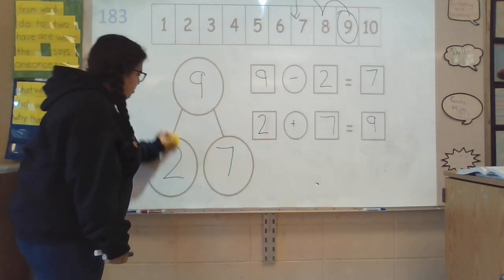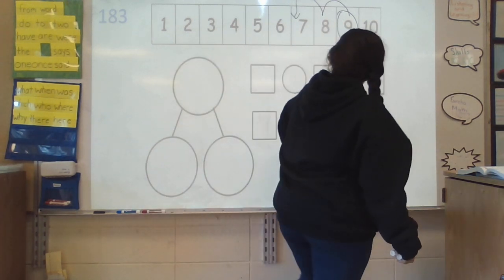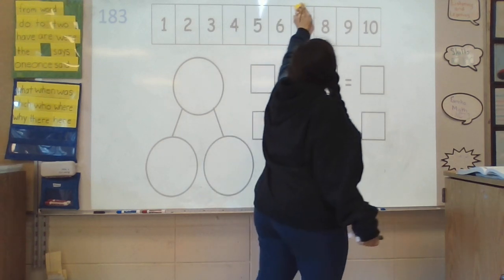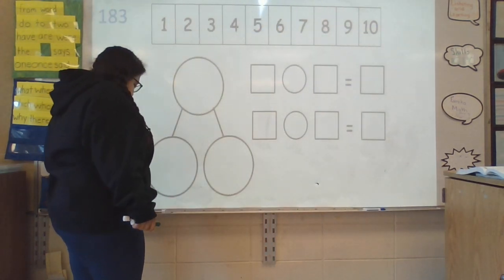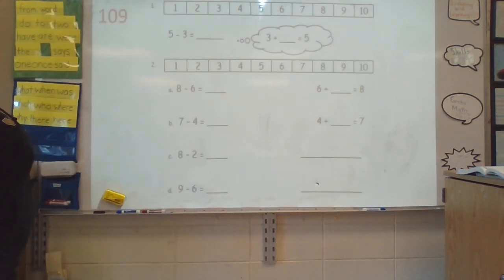You know I get my practice problems out of your homework book. In your homework book, it is on page number 109. You can still use your template if you need to, of course.